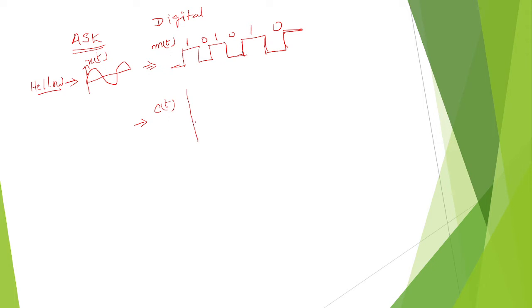This carrier is again analog. This is the carrier signal, because I am modulating the message signal. By using this carrier, we are modulating the message signal.